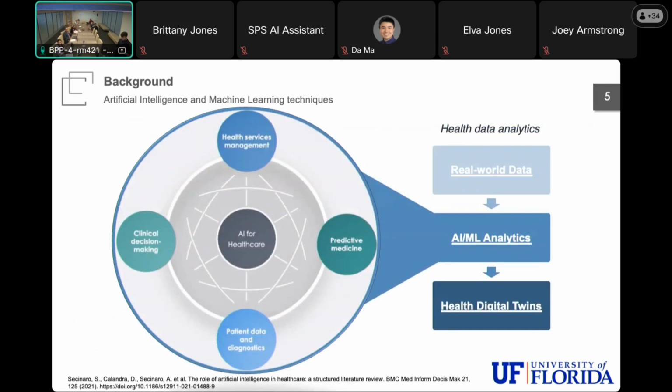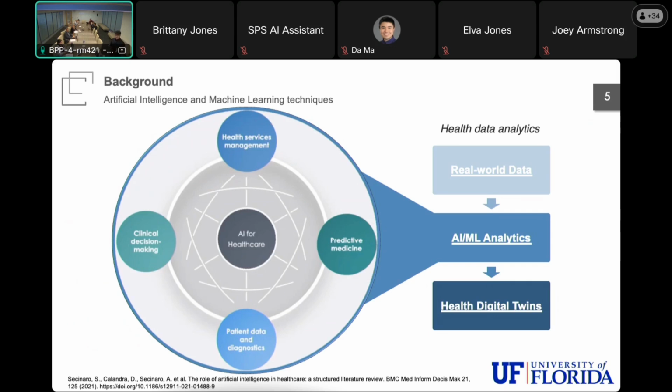However, analyzing real-world data is very complicated due to the large sample size and the complexity of the data. Recent advancements in AI and machine learning have proven effective in handling these challenges. For example, some studies report that these techniques can support healthcare applications like predictive medicine and clinical decision making.